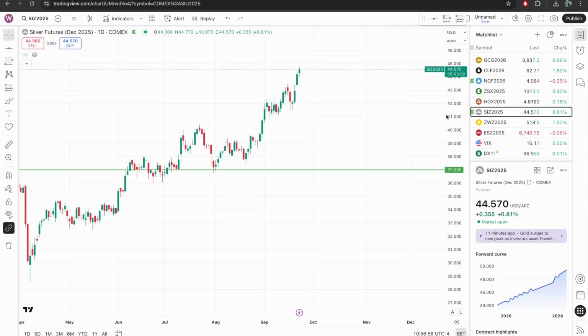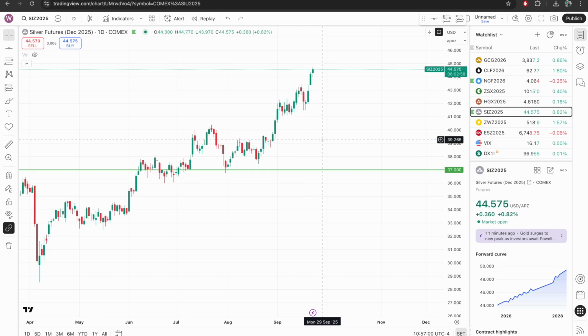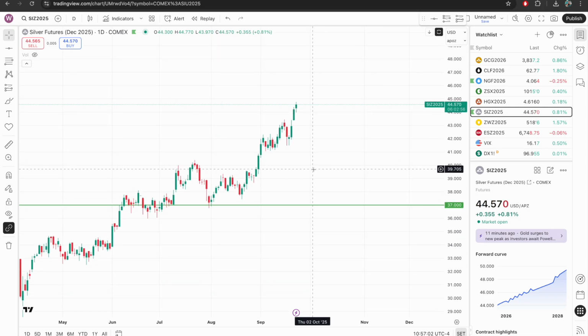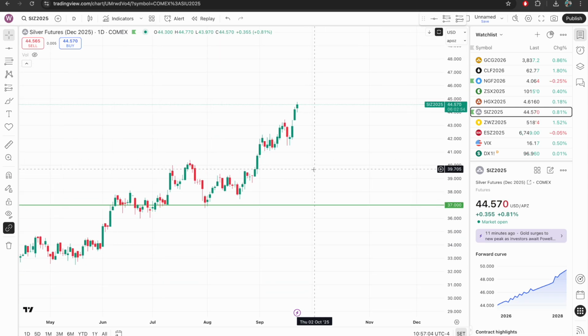Now with silver, if you look at the fundamentals, currently we just had a rate cut of 25 basis points. Now the market, or I guess I'm not sure exactly who, but there is an expectation there might be another rate cut in October, and a rate cut will be bullish for silver like it is for gold. And if we sell puts, in this case, if the price goes up, then it's good for us.